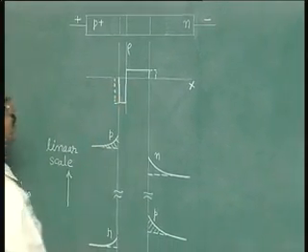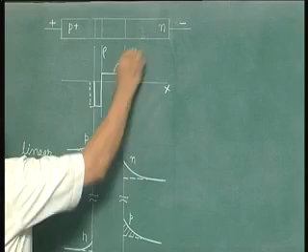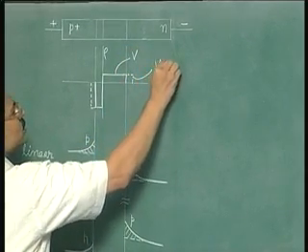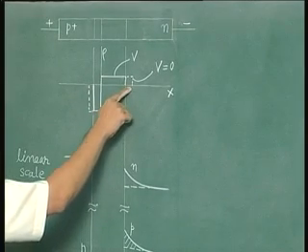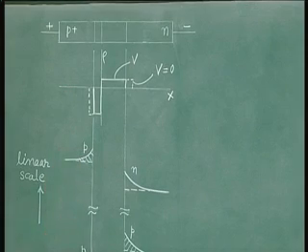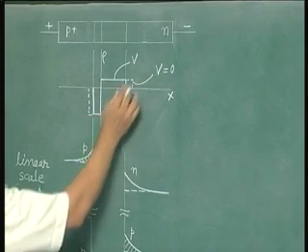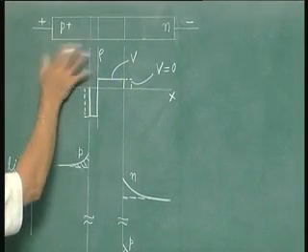So here we find that this is for V and this is for V equal to 0. So we find that the depletion region has shrunk for the forward bias V, or in other words, the width of the quasi neutral region has increased on either side.